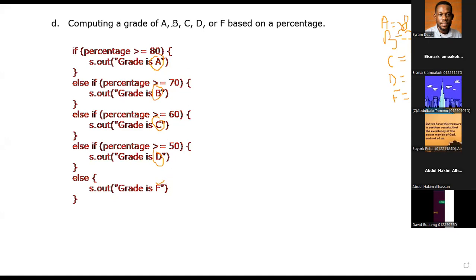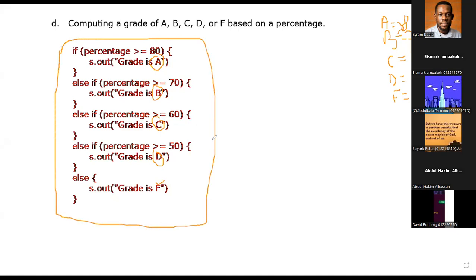Why? Because we are saying A or B or C or F. That means that if you run this program, it's going to print out only one grade. Please, are you all following?